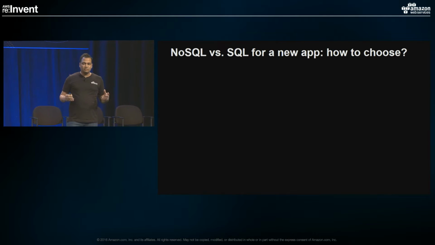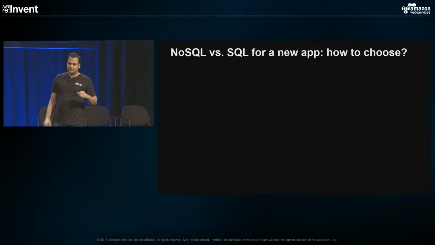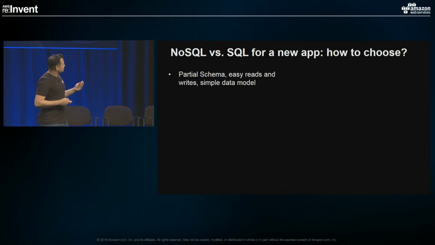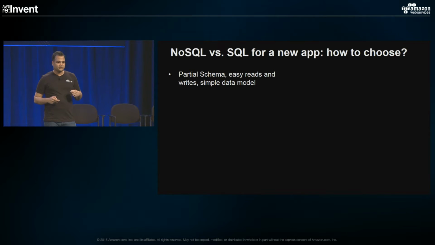There's one decision that you've got to make early on. NoSQL or SQL. So how do you choose that? What are some of the things that you look for to make that decision? It depends on the data you're trying to use. Is your data heavily structured? Does it have a partial schema? Is it denormalized?